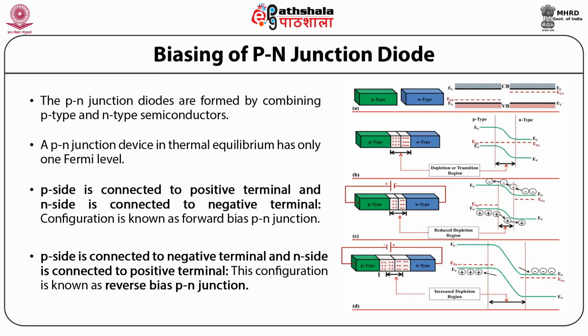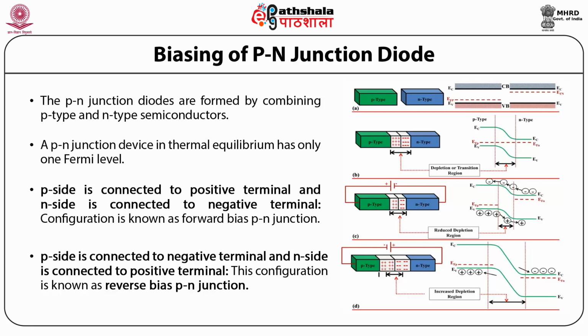Therefore, the majority carriers are drawn away from the PN junction, which results in a wider depletion region and hence increases the potential barrier.